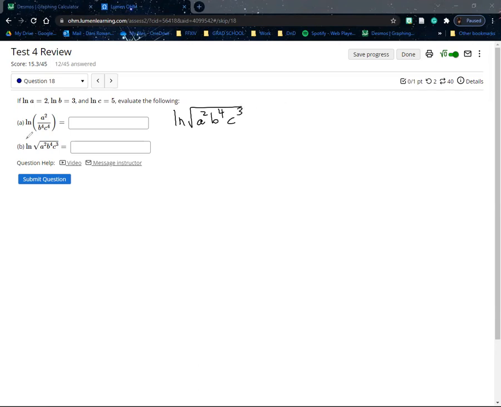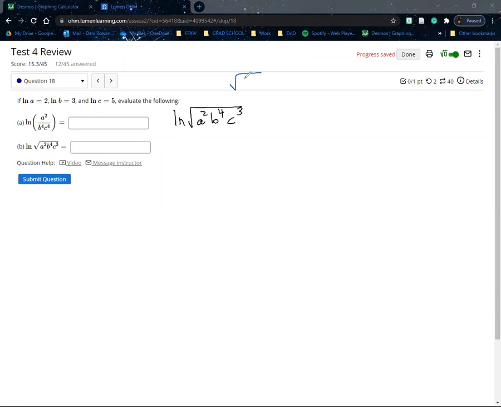What can we do with the fact that that is a square root to separate that? Right. And this one goes back to remembering exponent rules, right?